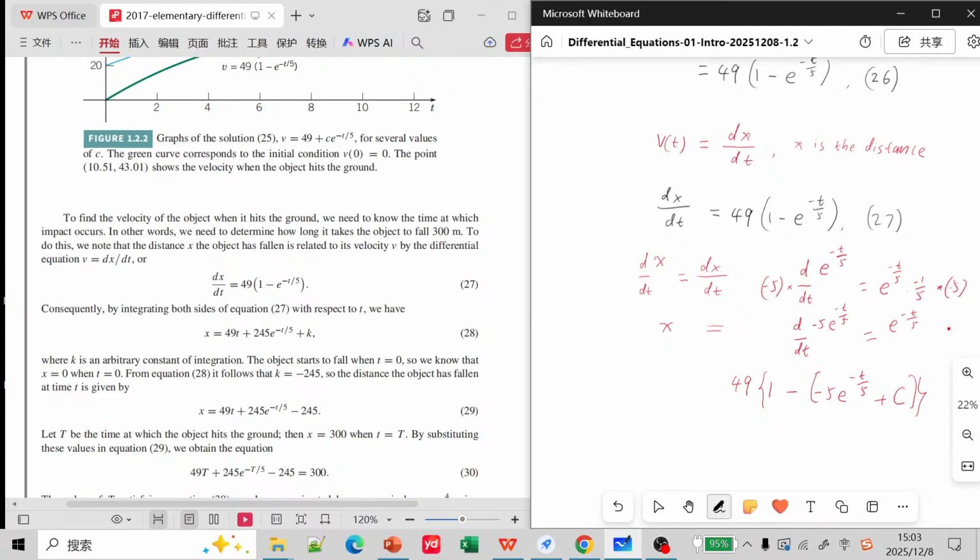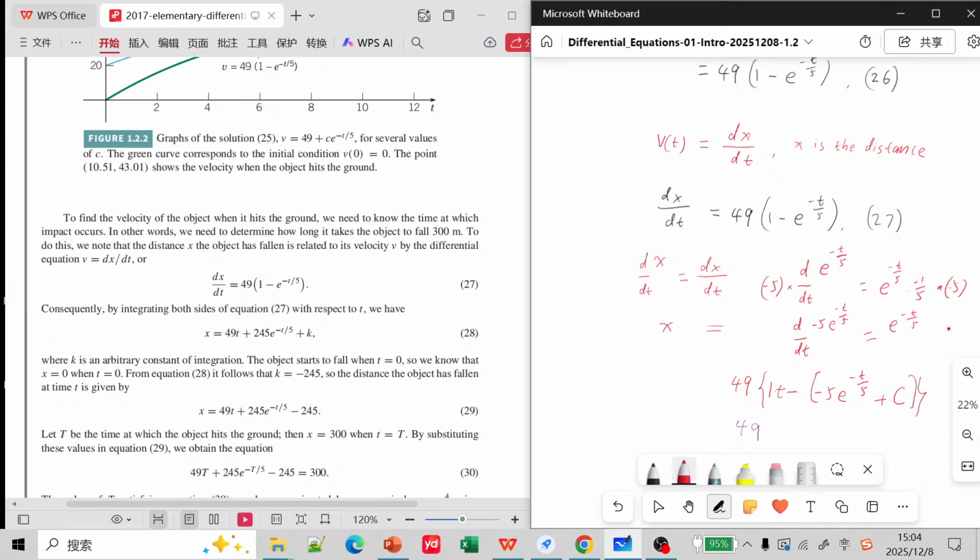whether it is correct. If we calculate the derivative of this expression, the 49 should stay the same. And this 1, okay, there's some error because 1's derivative is 0. So maybe here should be 1 times t.